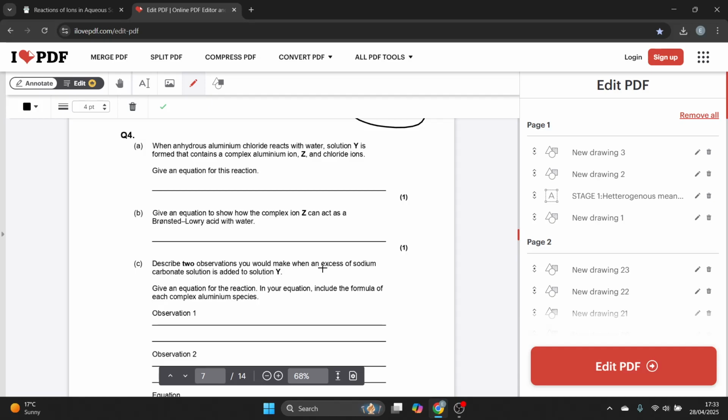Give an equation for this reaction. So when something reacts with water, aluminium chloride reacts with water, sorry.